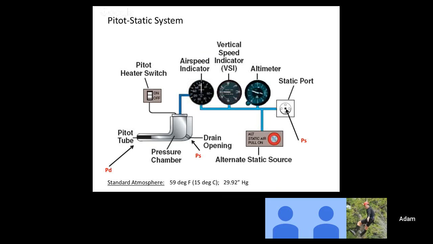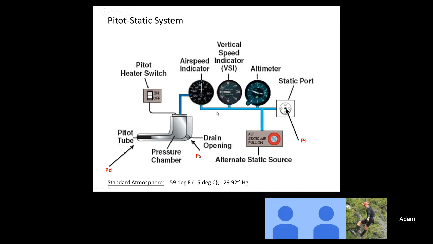So in essence, the only operating conditions those two instruments need are an open static port, free of obstruction, where static pressure, P sub S, can be introduced to the static port and through the static lines into the instruments.